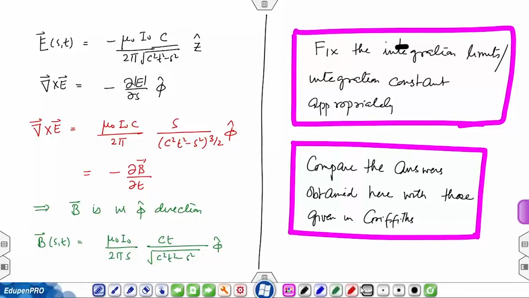So, this problem is done. Next, we extend this problem. Again, I am taking from Griffiths, who has extended this problem, and solve that.